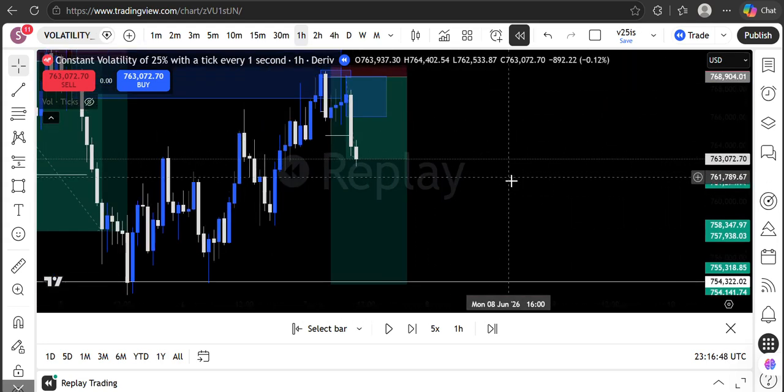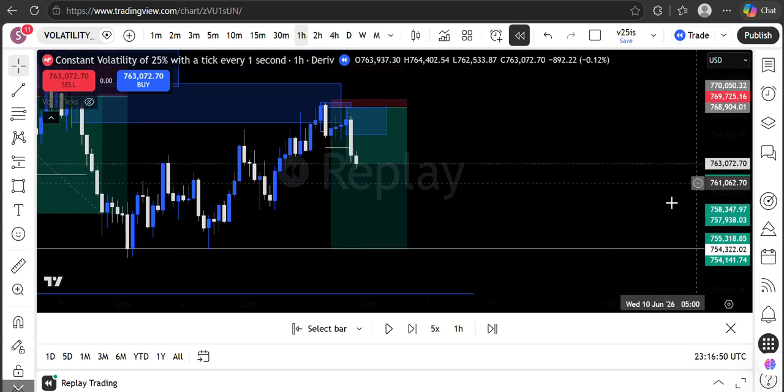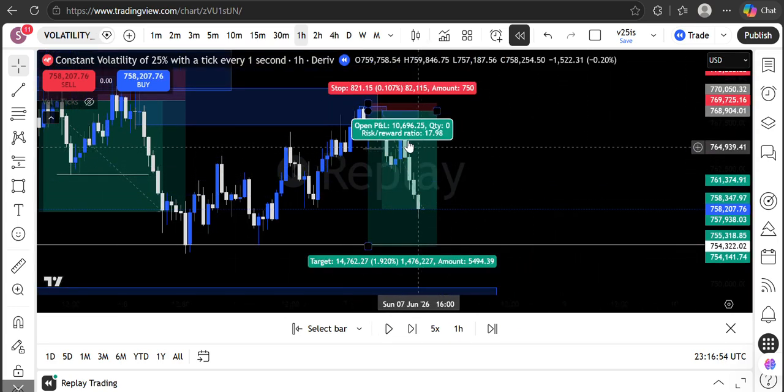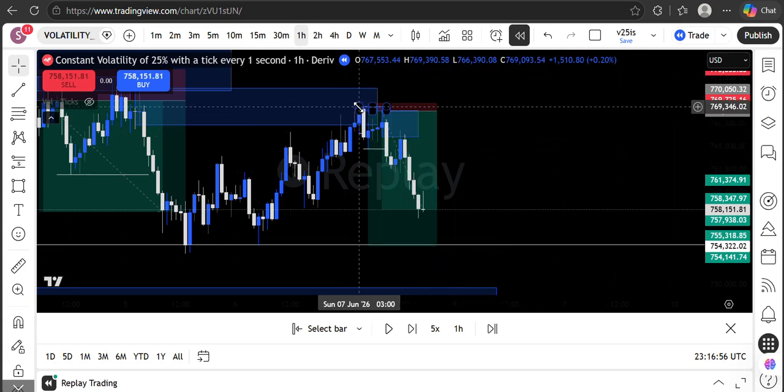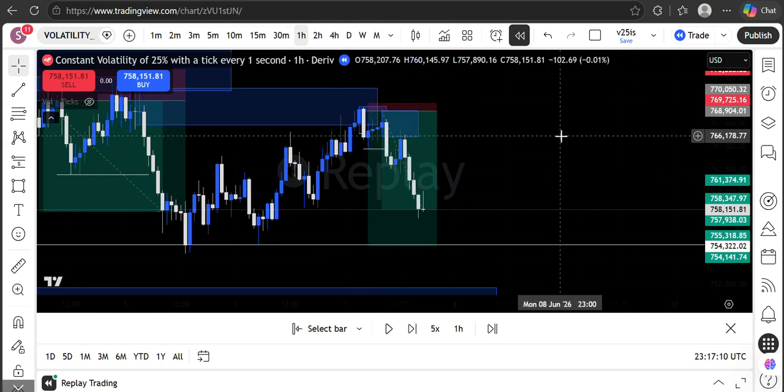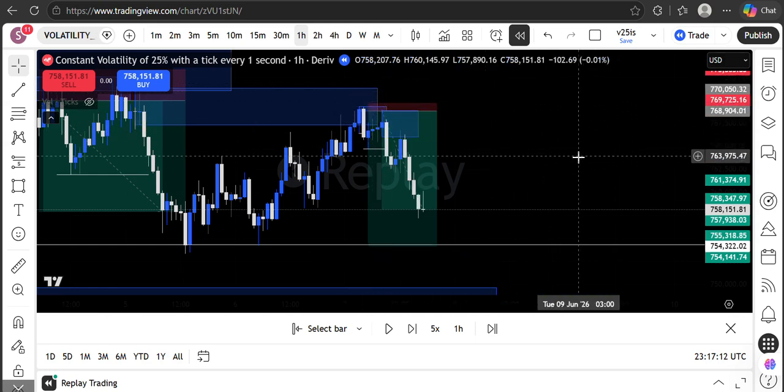So let's play. Price retreats to that particular zone, but though we've got our first entry here, of course it's always good to follow the market and get your entry as at when the price starts changing direction. It's very, very good, because there your risk is going to be very low.